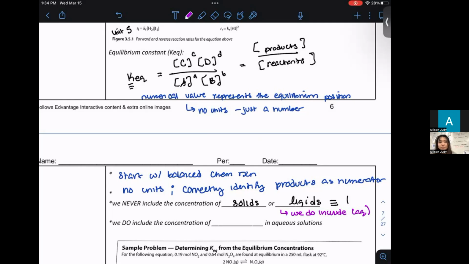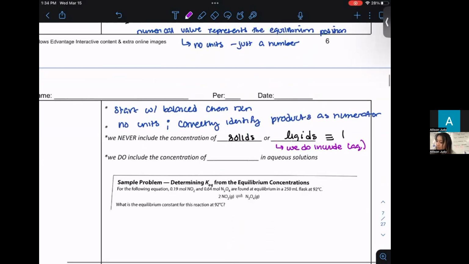Concentration does change the rate a lot, where the density of a gas in the space would change the rate. The only time we include the concentration is if it's aqueous. So we do include the concentration of solutes, which usually end up being ionic compounds in aqueous solutions. There's a lot of that in life.